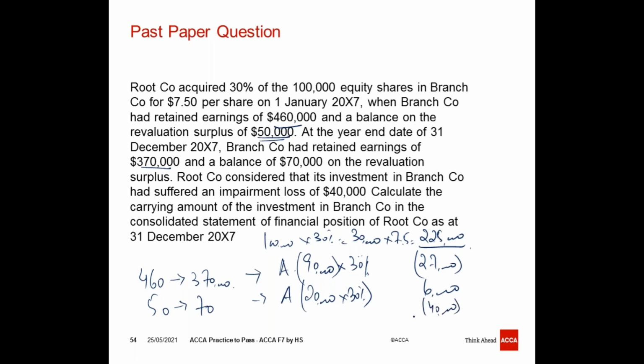So we never apply a percentage on the impairment. So the amount will be 225,000 minus 27,000 plus 6,000 minus 40,000, which is 1,64,000.